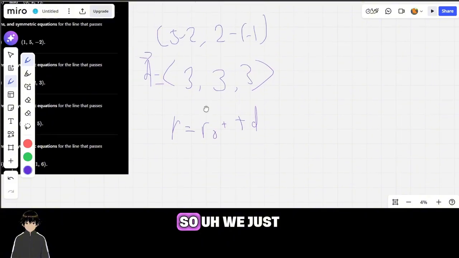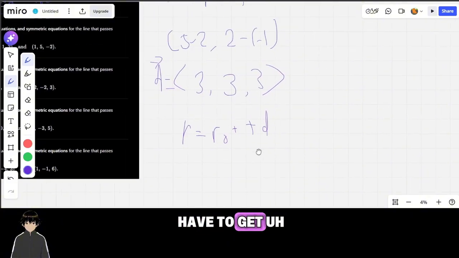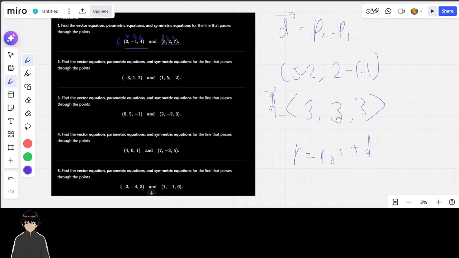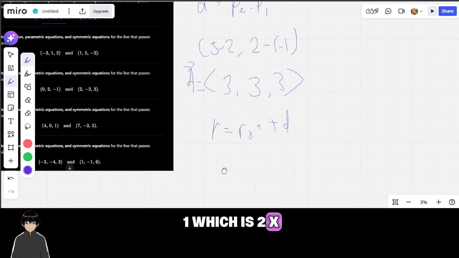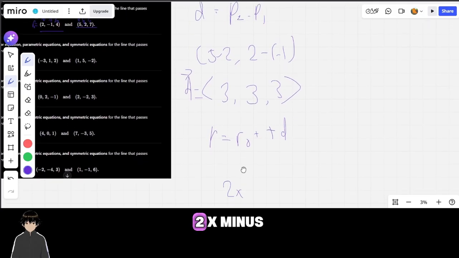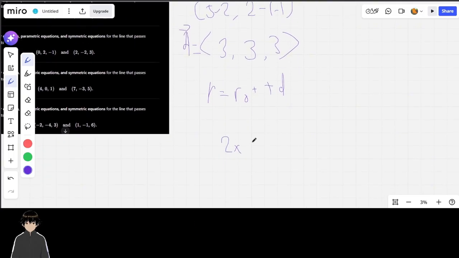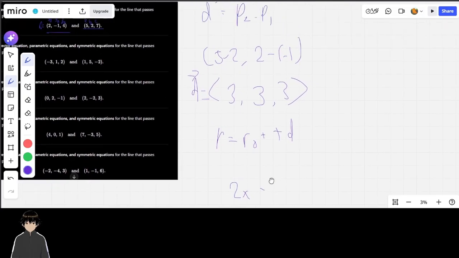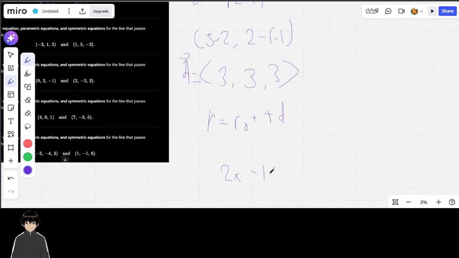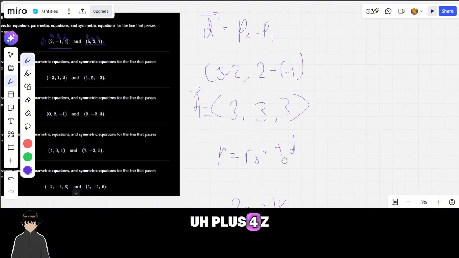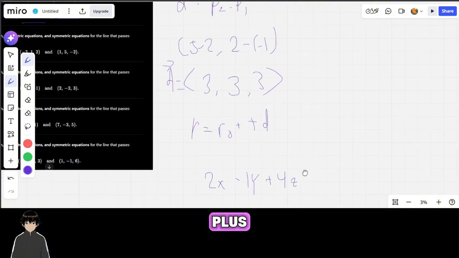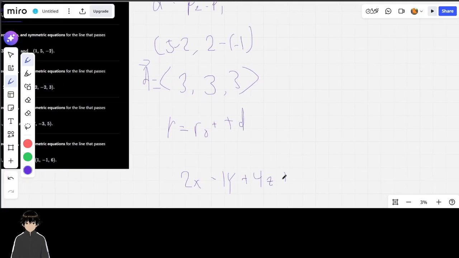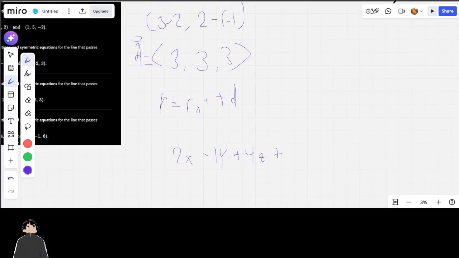So we just have to get R naught, which is 2x minus 1y plus 4z, plus t times d.